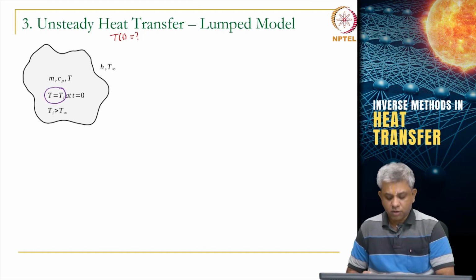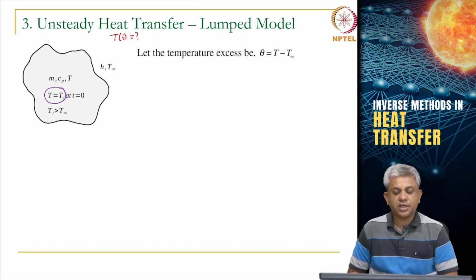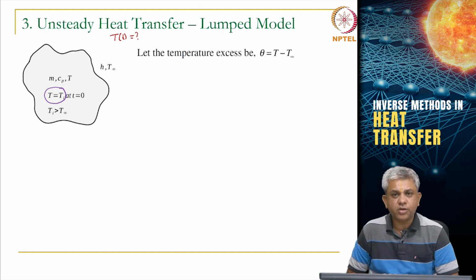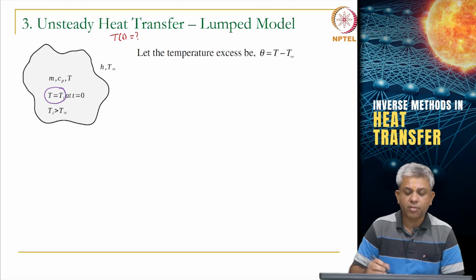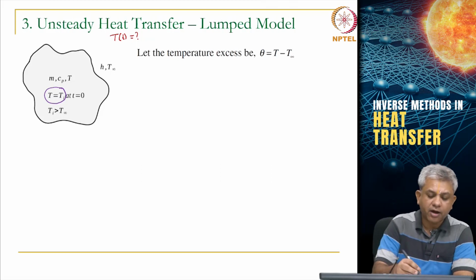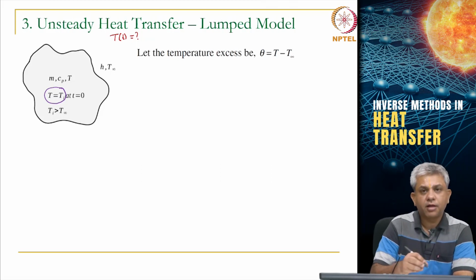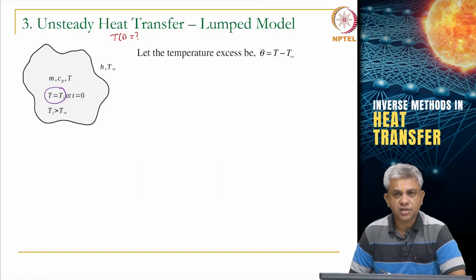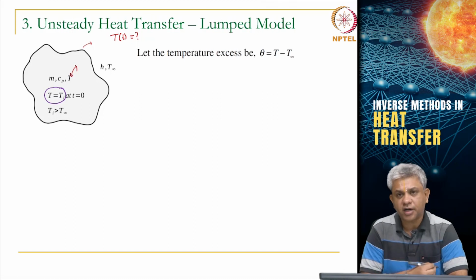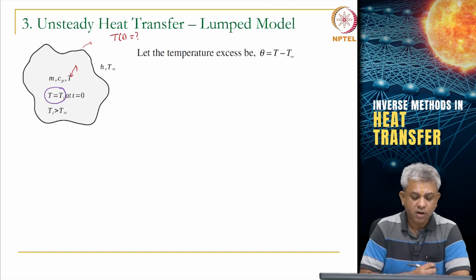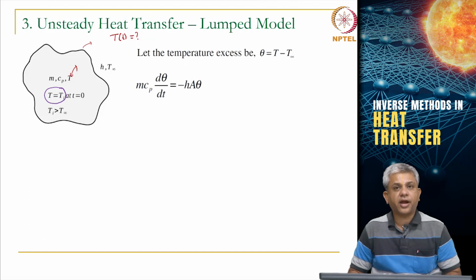We want to find out how temperature varies with time. In such a case, once again we do the same trick of finding the temperature excess or temperature deficit, whichever way you want to define it, theta equal to T minus T infinity. If we are just assuming convective losses and no major conduction within because of the Biot number, you can write down this equation.